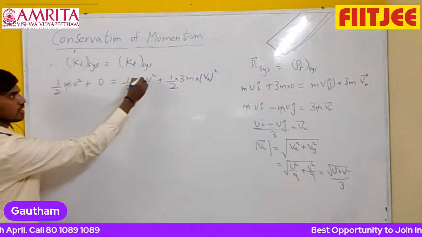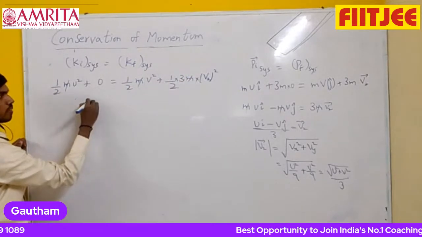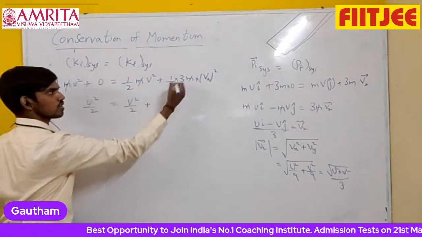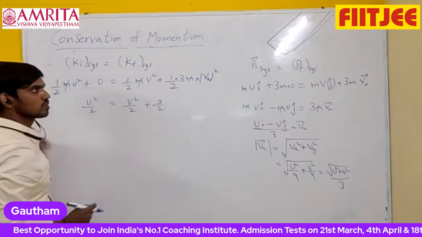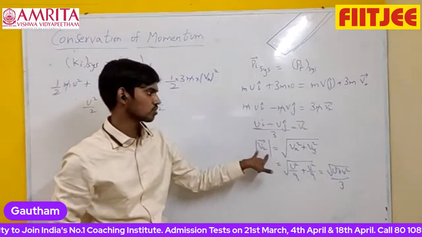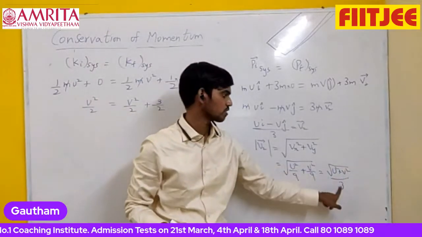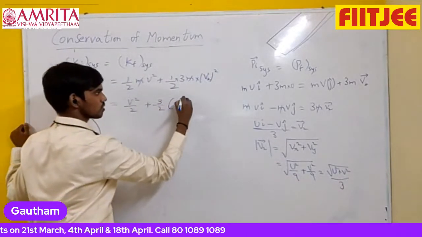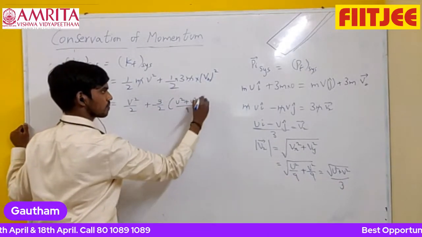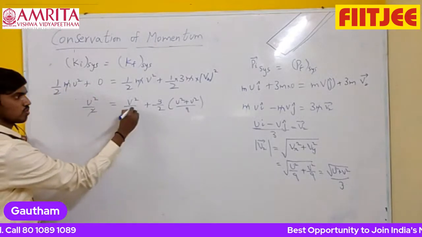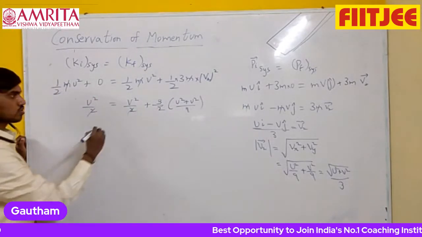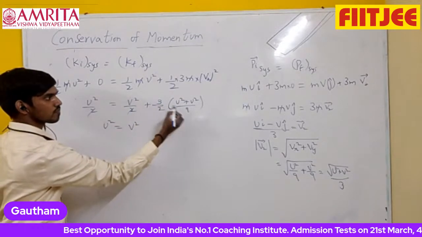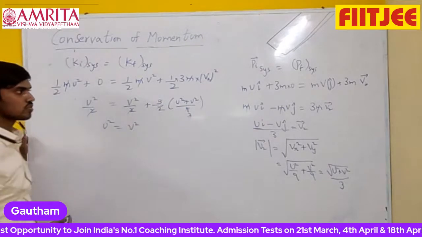அகைன் இங்கேயும் m வந்து கேன்சல் ஆயிரும் எல்லா இடத்துலையும். ஸோ u ஸ்கொயர் பை 2 இஸ் ஈக்குவல் டு v ஸ்கொயர் பை 2 பிளஸ் 3 பை 2 v2 ஹோல் ஸ்கொயர். v2 ஹோல் ஸ்கொயர்னா இங்க ரூட் போயிரும், u ஸ்கொயர் பிளஸ் v ஸ்கொயர், டினாமினேட்டர் 3 ஸ்கொயர்னா 9. ஸோ u ஸ்கொயர் பிளஸ் v ஸ்கொயர் பை 9. அகைன் டிவைடட் பை 2 அதுவும் கேன்சல் பண்ணிடலாம். ஸோ u square is equal to v square plus 3 by 9 is 3.